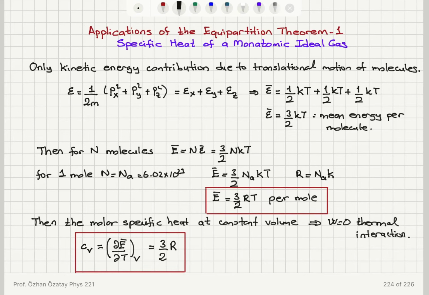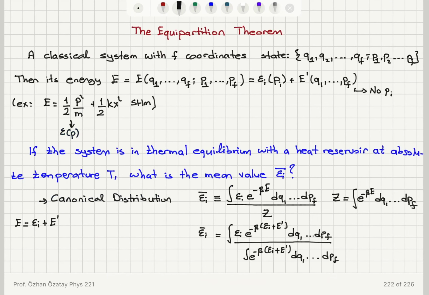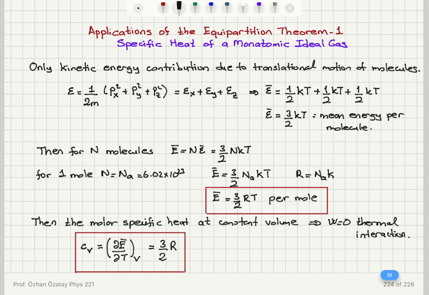So just to summarize, in the case of a monatomic ideal gas, the only contribution to the energy comes from translations of the center of mass, and that gives us a kinetic energy contribution 1 over 2m (px squared plus py squared plus pz squared). If you remember, epsilon i was what I called the term in the energy that depends on momentum only, and that is basically epsilon x plus epsilon y plus epsilon z for the total energy of one molecule.